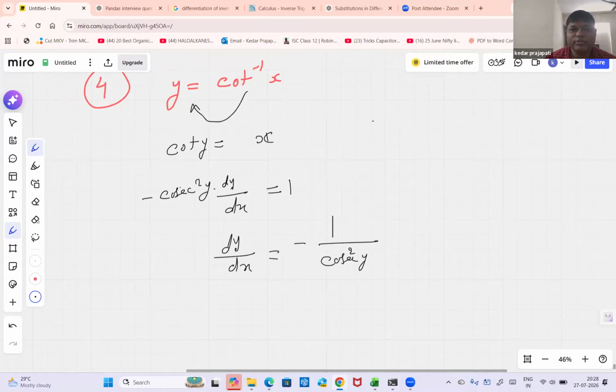We use cosecant square y is 1 plus cot square y.